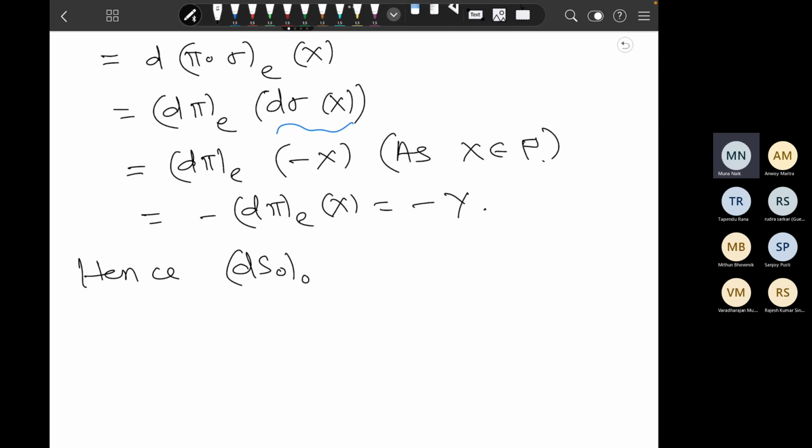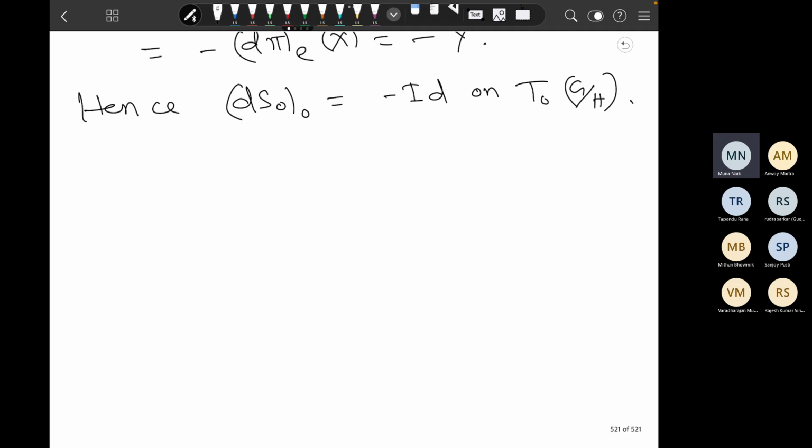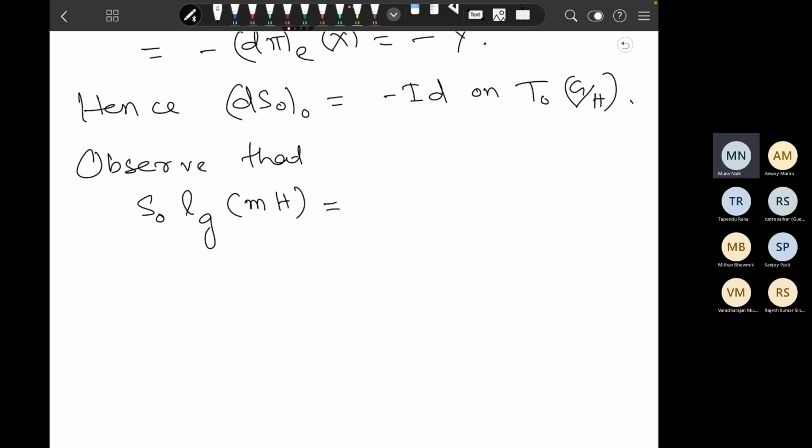Hence ds naught at 0 is equal to minus identity on T naught of G mod S. Now we want to show that this is an isometry, and to show that, first observe this thing: S0 composition LG applied on say MS. This is composition.